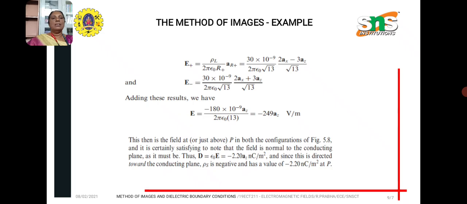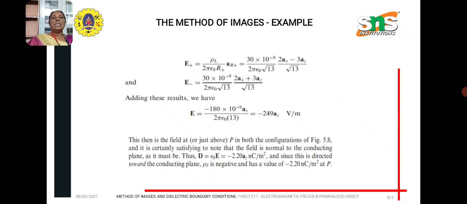E total field is given by rho L by 2 pi epsilon naught R. For the positive charge we substitute 30 into 10 power minus 9 by 2 pi epsilon naught root 13, multiplied by 2ax minus 3az by root 13. Root 13 is obtained by the square root of 2 square plus 3 square.